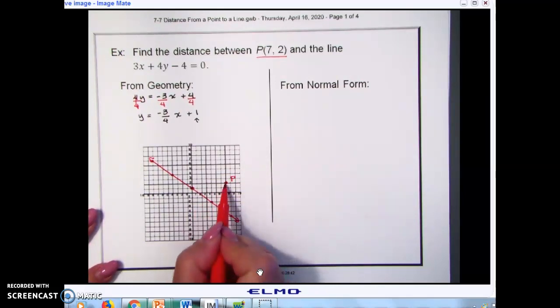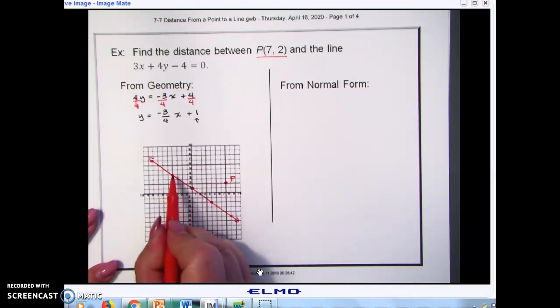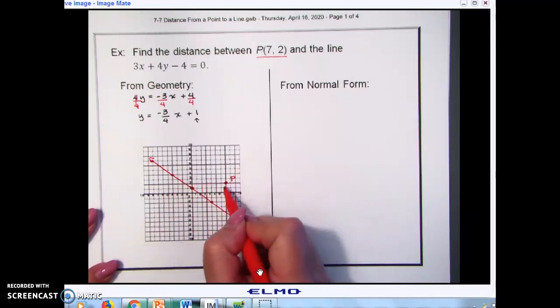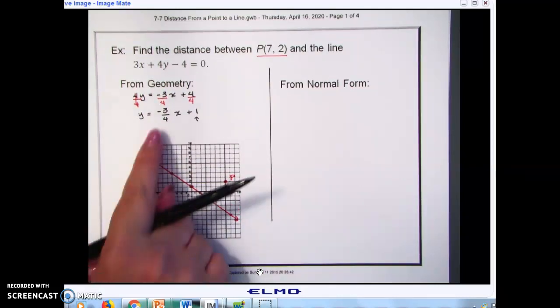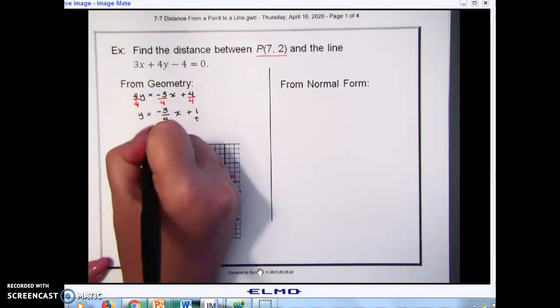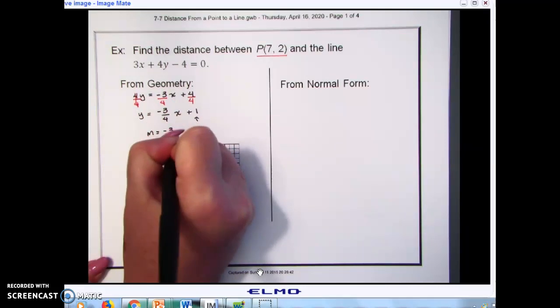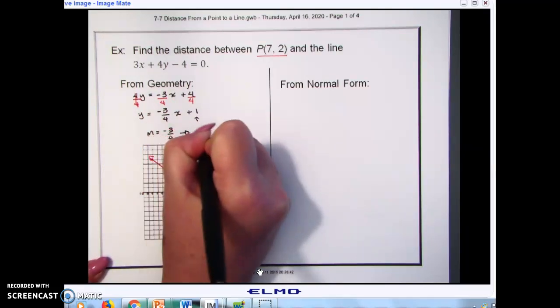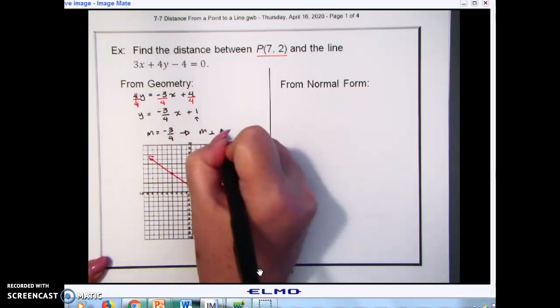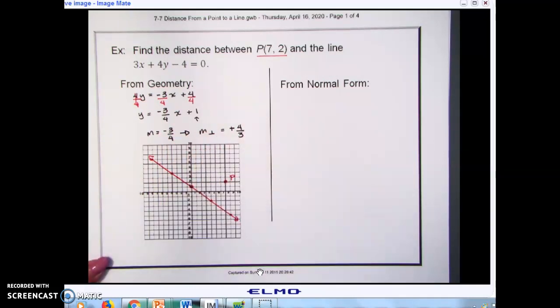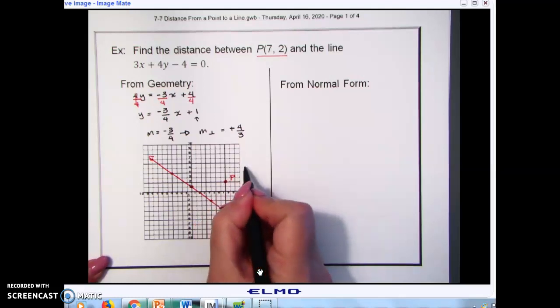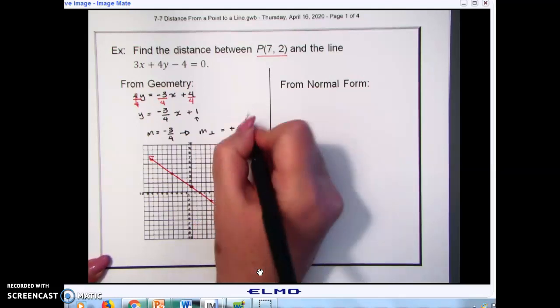So just like if we were a person standing here on a tightrope, we don't want to measure our distance diagonally. We want to measure our distance perpendicularly. That's a long word. And so what we want to do is find the slope that's perpendicular to this line. So here this slope is negative 3/4, so the slope of the perpendicular is going to be the opposite reciprocal. Now, if I went up 4 and to the right 3, that's not going to help me get closer to the line.